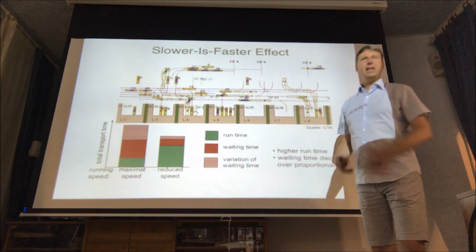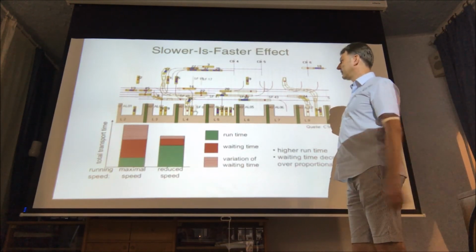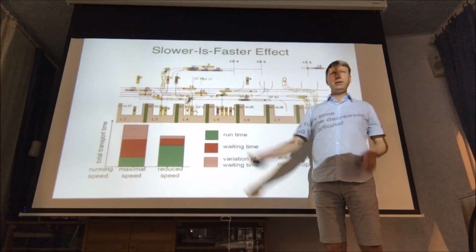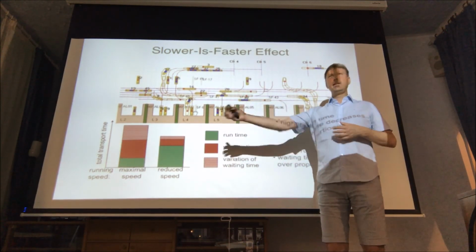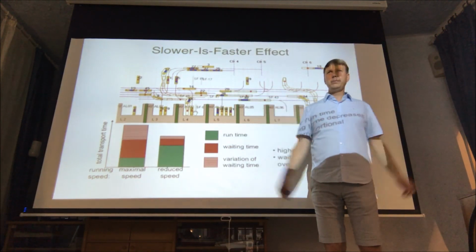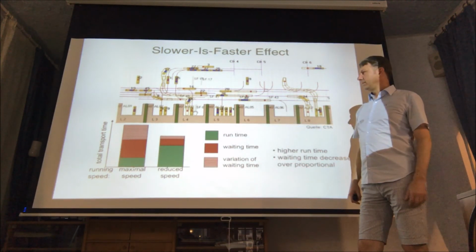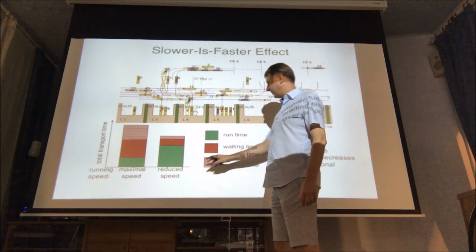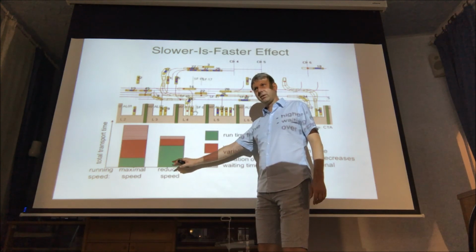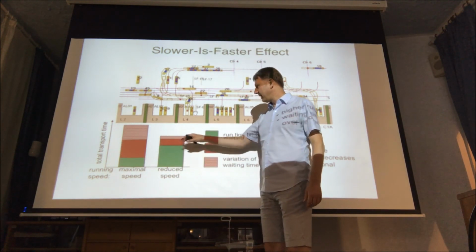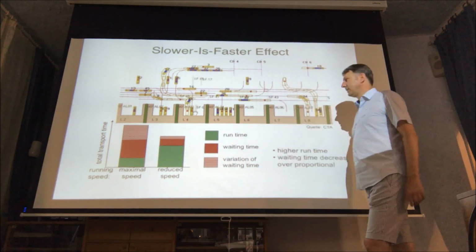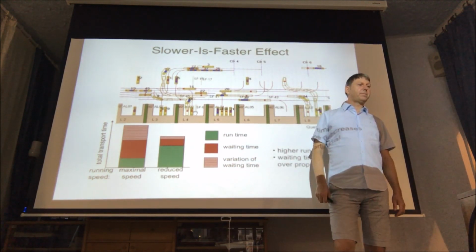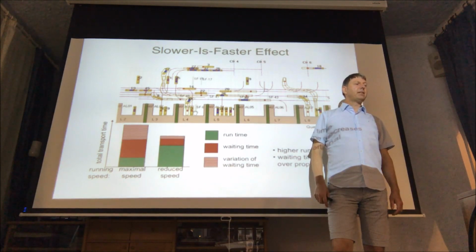Because you need to have a safety distance between those automated guided vehicles, and that increases quadratically with the speed. So the faster they go, the more space you need to have in between those different automatic guided vehicles. So if you slow them down, then there's more runtime, so it takes longer for them to move, but there's much less waiting time, and altogether your system will be more efficient. So that's the slower is faster effect.